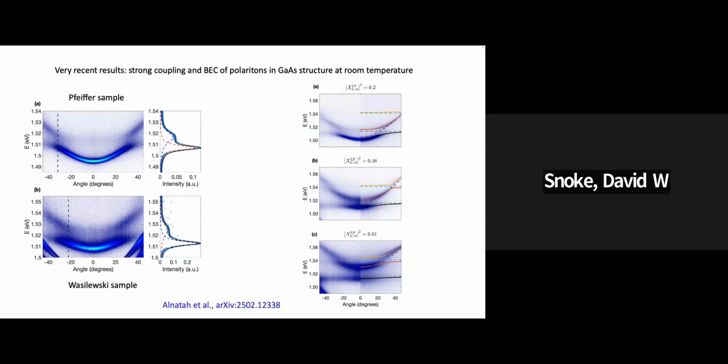So you are mixing a photon, which is a very narrow line, with an exciton, which is broader than it would be at low temperature. That was assumed to be a killer, and it would not work at all. And it turns out it's a slight killer. It degrades the quality, but it does not kill it absolutely.